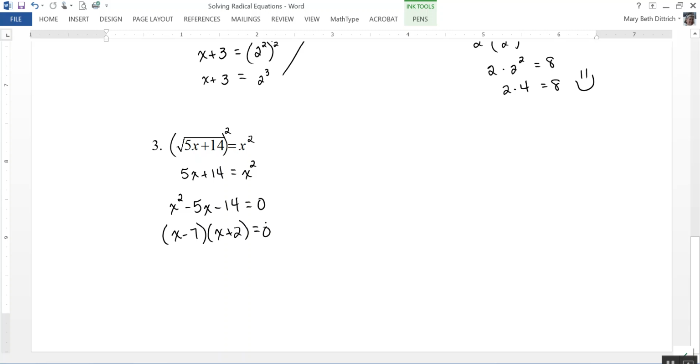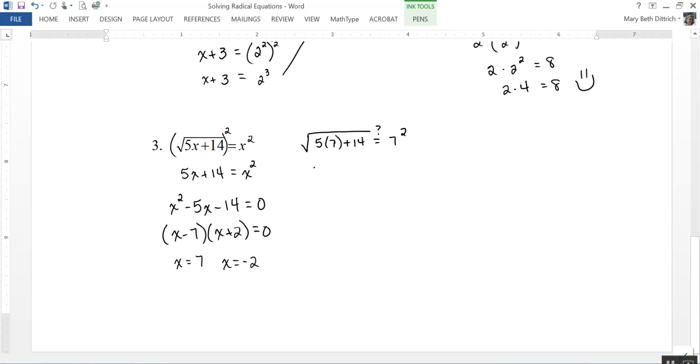So that's going to give me two solutions, x equals 7 and x equals -2. And actually this is the case where you're squaring both sides and you end up with a quadratic, where you might end up with an answer that works or possibly neither of them will work. So we need to check each one. So I'll start with 7. Is the square root of 5 times 7 plus 14 equal to 7?